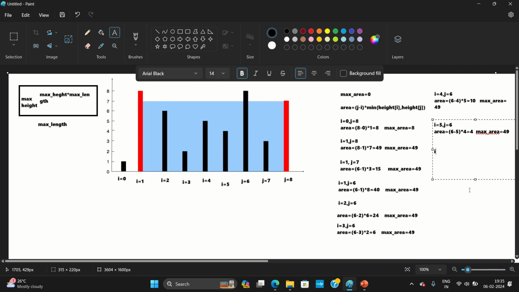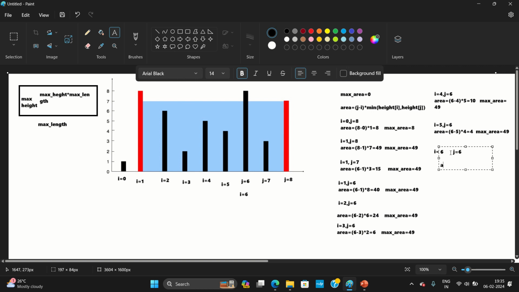Finally, i turns out to be 6. It comes to the same index as j. i is equal to 6, and j also is equal to 6.